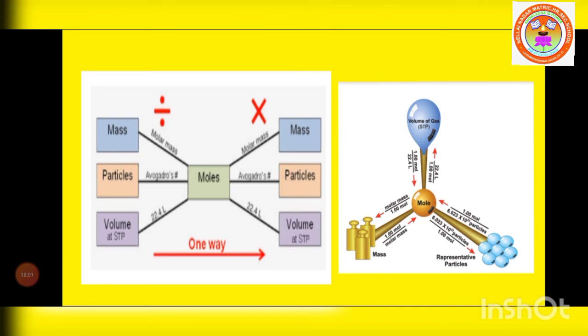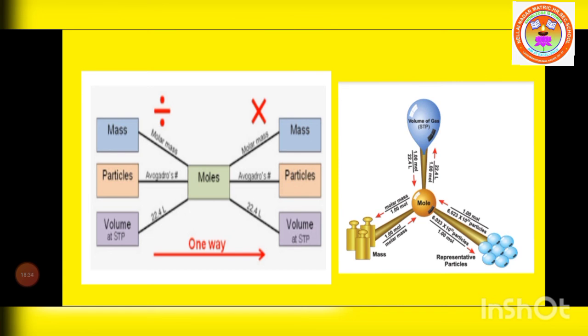Similarly, particle is converted into mole: 1 divided by 6.023 × 10 to the power 23 particles. Then mole is converted into particles: 6.023 × 10 to the power 23 divided by 1 mole. Similarly in mass, mole is converted into mass: molar mass divided by 1 mole.